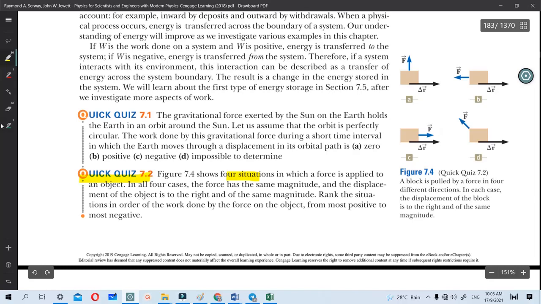Let's start with something so obvious that we do not need to do any calculation. For instance, the one here is 90 degrees. Since it's 90°, the product with cos 90 will give you 0. So hence work is 0 for A. Okay. Now how about B and C?